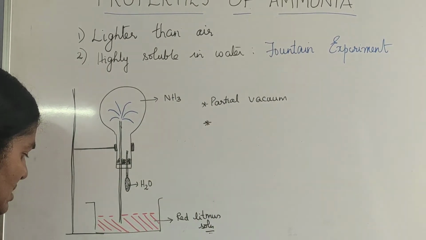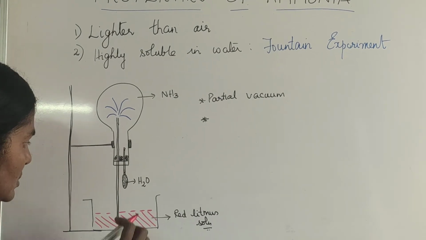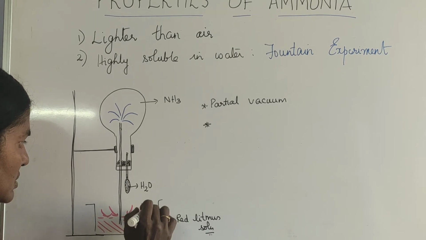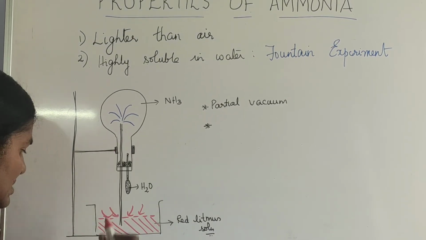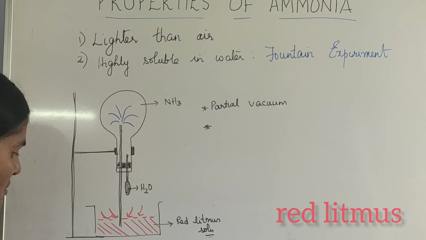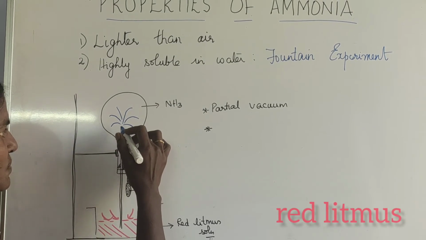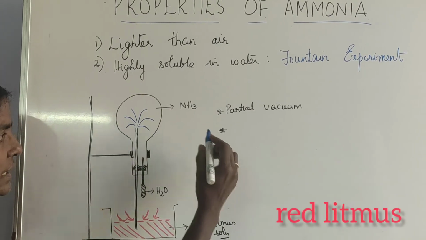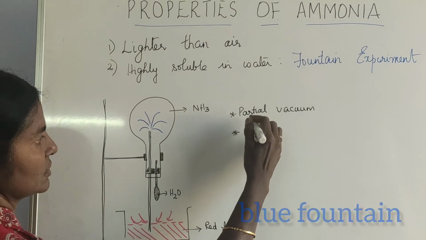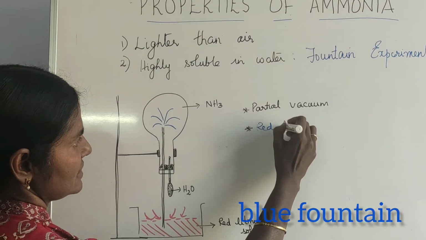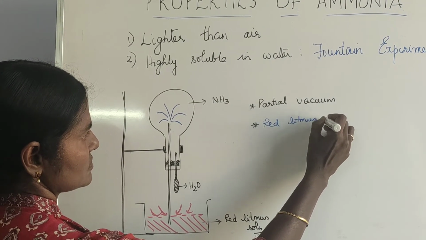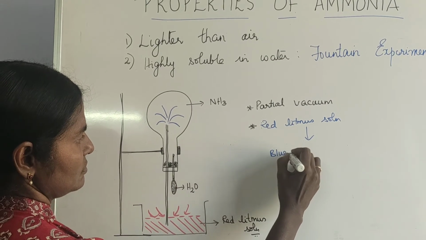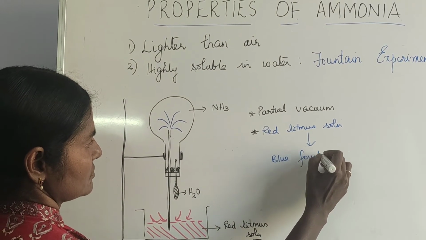Because of this, a partial vacuum is created inside the flask. Due to this partial vacuum, the pressure outside pushes the red litmus solution up the capillary tube with such force that it emerges out as a blue fountain. So the red litmus solution becomes a blue fountain.